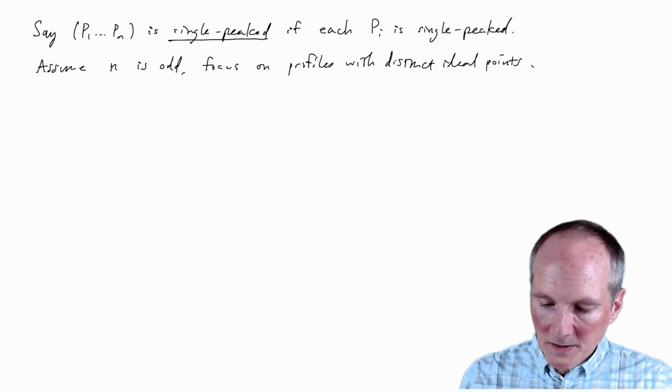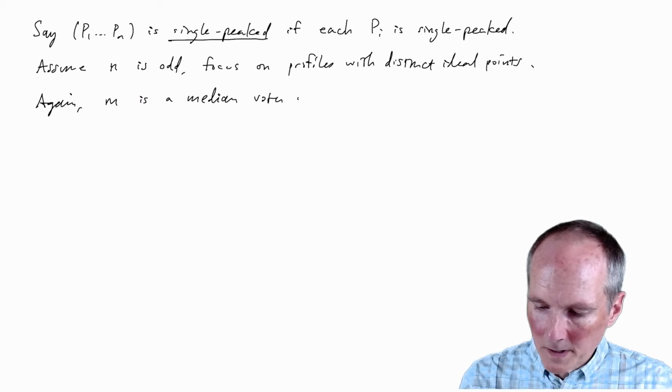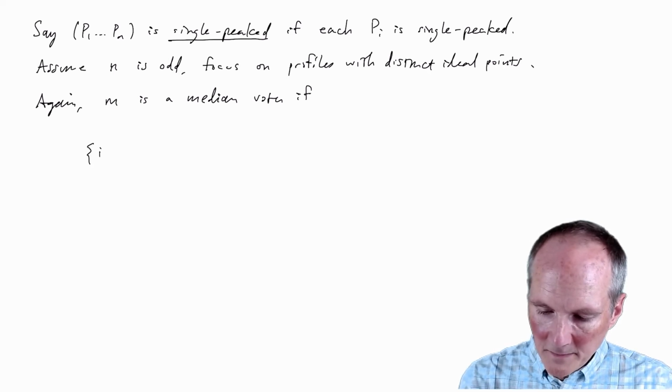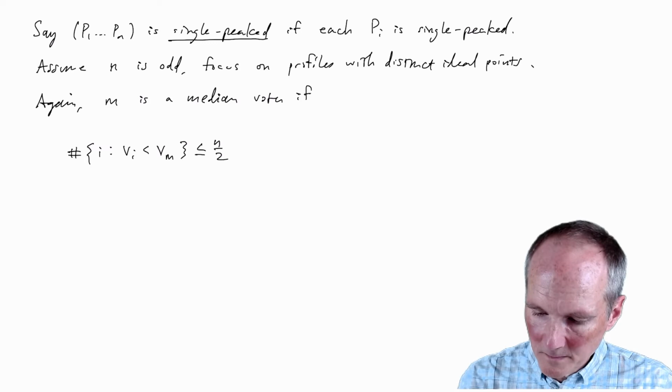Okay, so again, we'll say M is a median voter. If we look at the set of voters with ideal points to the left, it's not a majority.